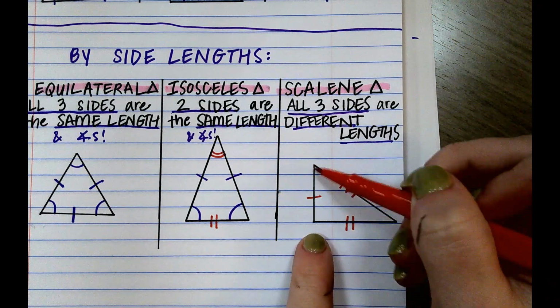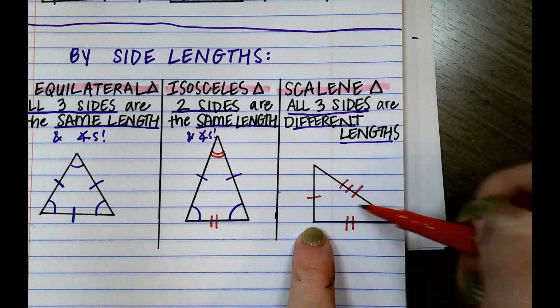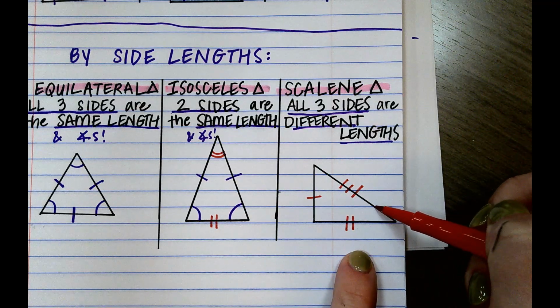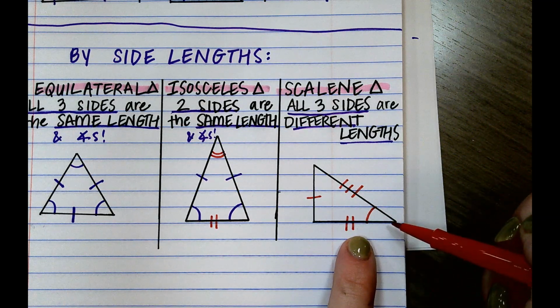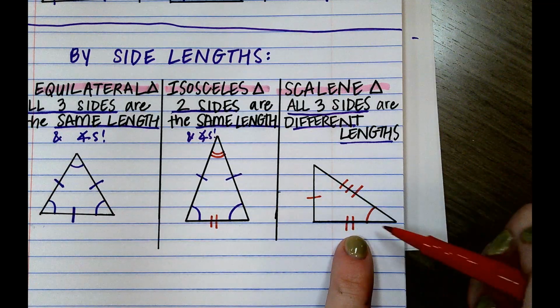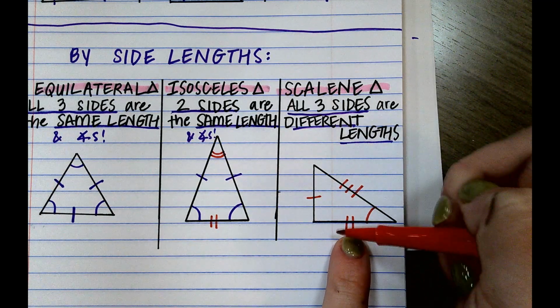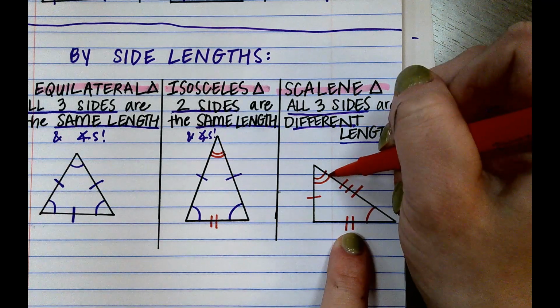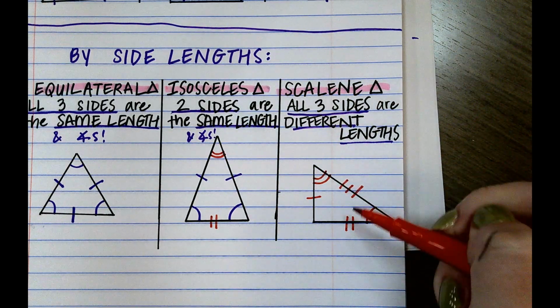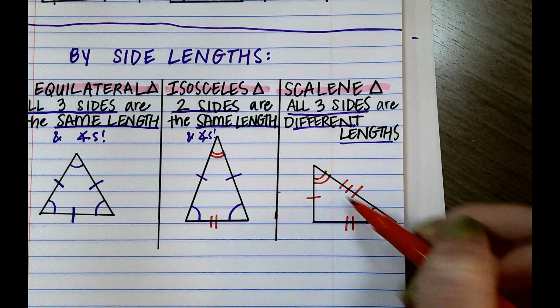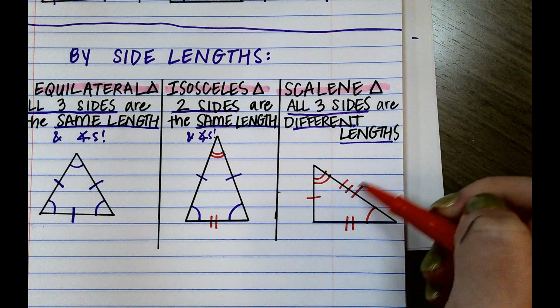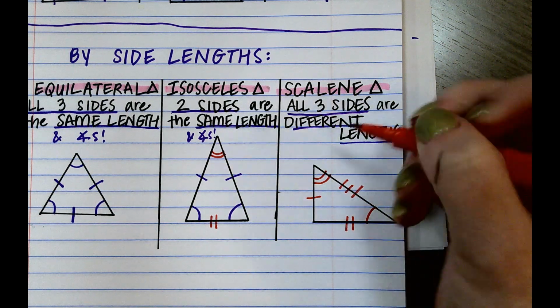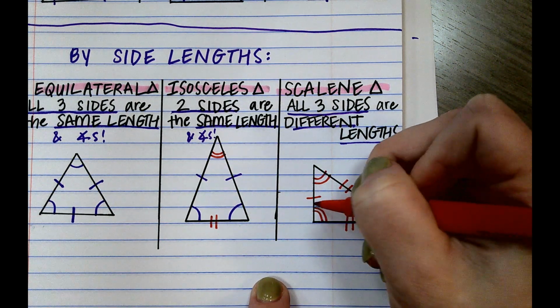So the side that got 1 tick mark, the angle opposite of it here gets 1 arc. The side that has 2 tick marks, the angle that's opposite of it at the top gets 2 arcs. And the diagonal side, that got 3 tick marks. The angle opposite here gets 3 arcs.